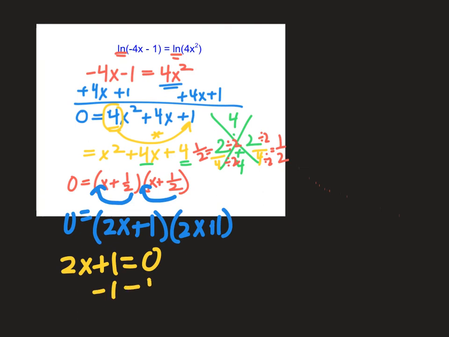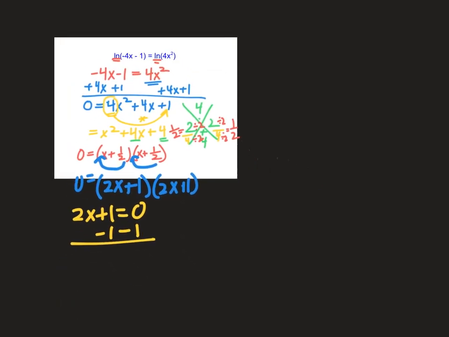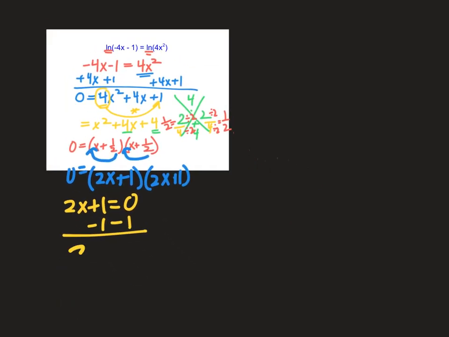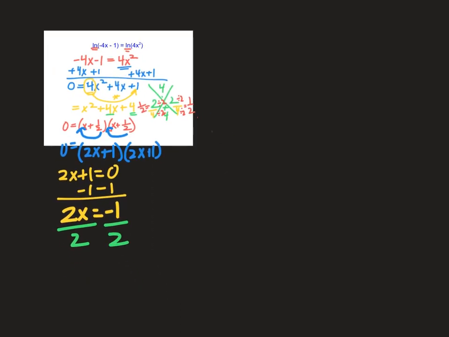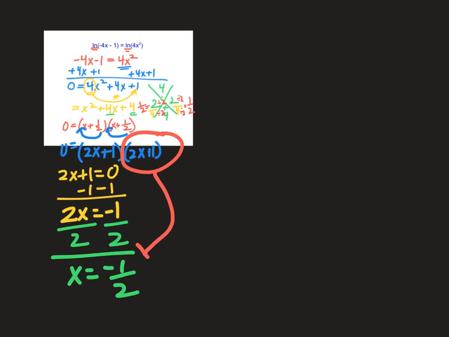We'll go ahead and subtract 1 from both sides. When I do that, I get 2x equals negative 1. We'll divide both sides by 2. And we get x equals negative 1 over 2. Now again, I could go ahead and take this equation, set it equal to 0, but it is the exact same thing, so I'll get the same answer.